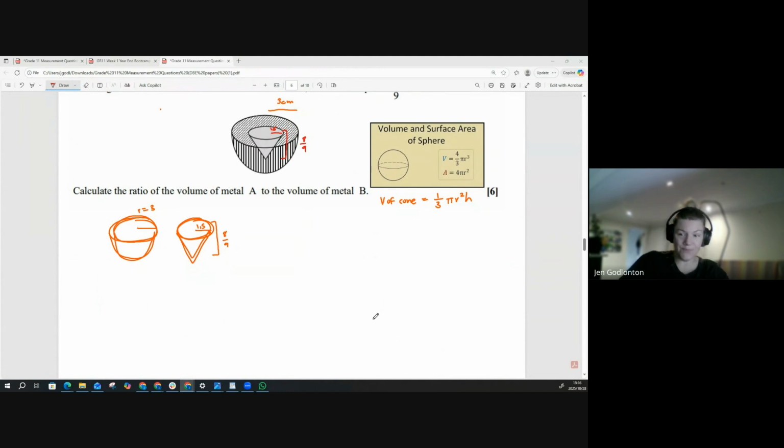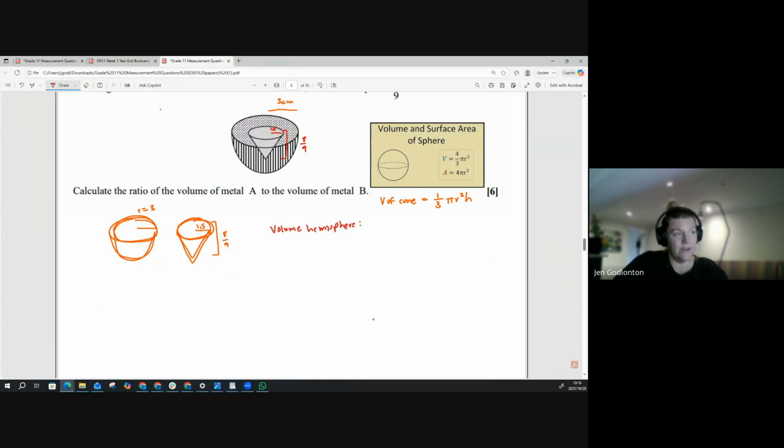Okay, we're going to do this in steps. So I'm going to start with the volume of my hemisphere. The full hemisphere, so imagining nothing was cut out, would be 4/3 times pi r cubed, right?